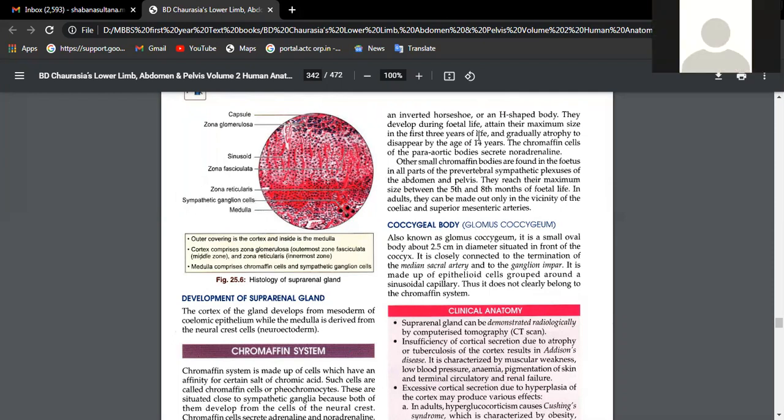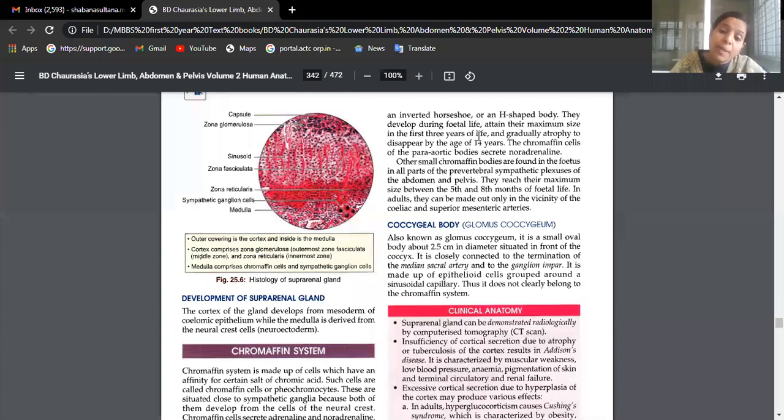Hamstring muscles we discussed, no? In the hamstring muscles, you said everything is supplied by the sciatic nerve, and the tibial component, with one exception. Everything is tibial component except the short head of biceps, which is supplied by the common peroneal component of the sciatic nerve.